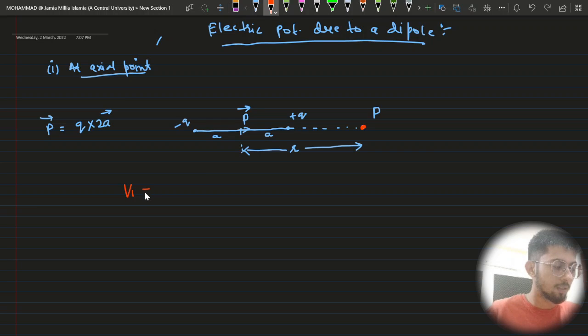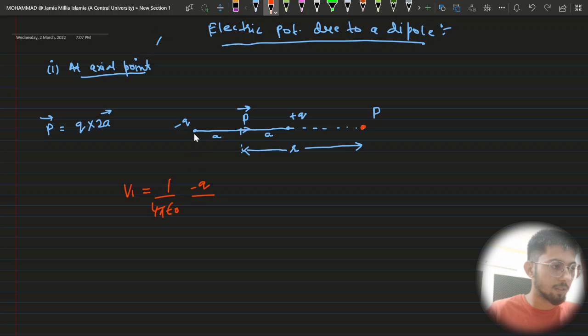What is the potential due to a point charge? See, this is still a point charge. V is 1/4 pi epsilon naught, tell me, what is the formula due to a point charge? kq upon the distance r.